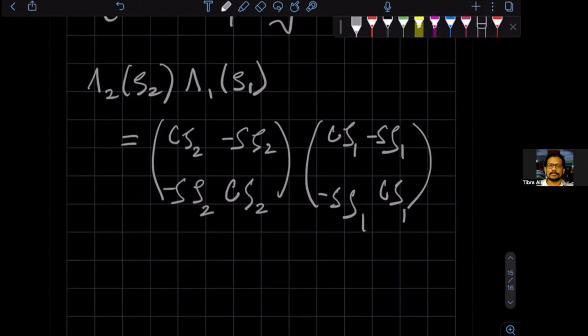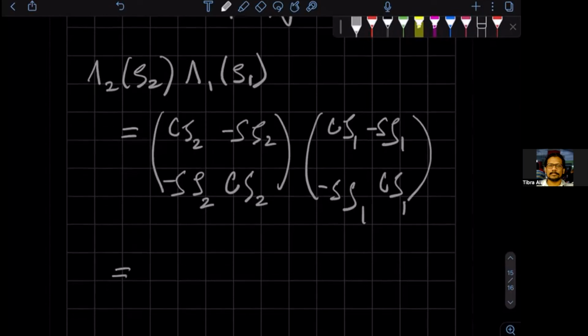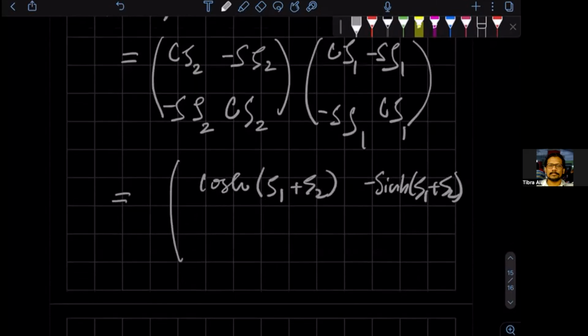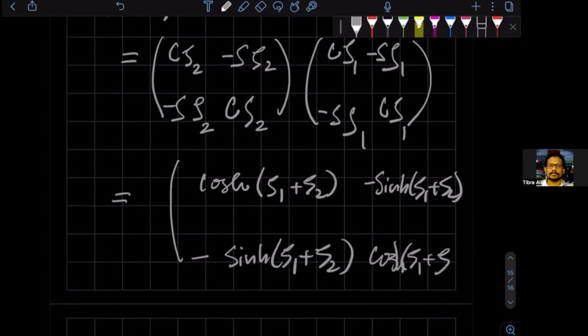Using the hyperbolic cosine and sine identities, you can write it as cosh of zeta 1 plus zeta 2, minus sinh of zeta 1 plus zeta 2, minus sinh of zeta 1 plus zeta 2, cosh of zeta 1 plus zeta 2.